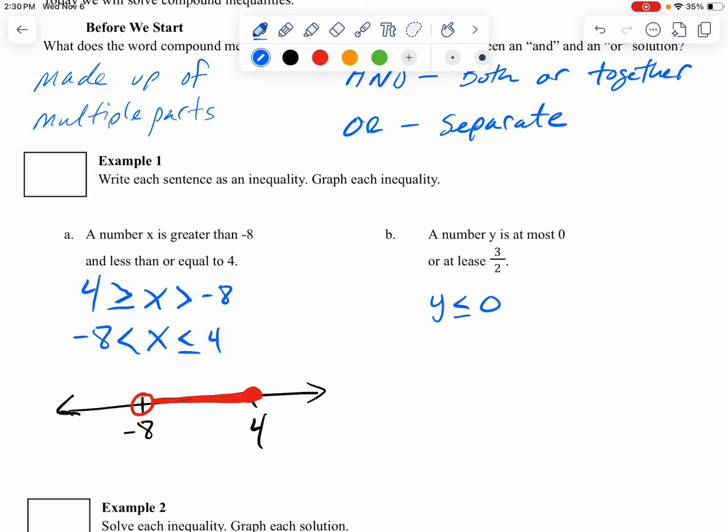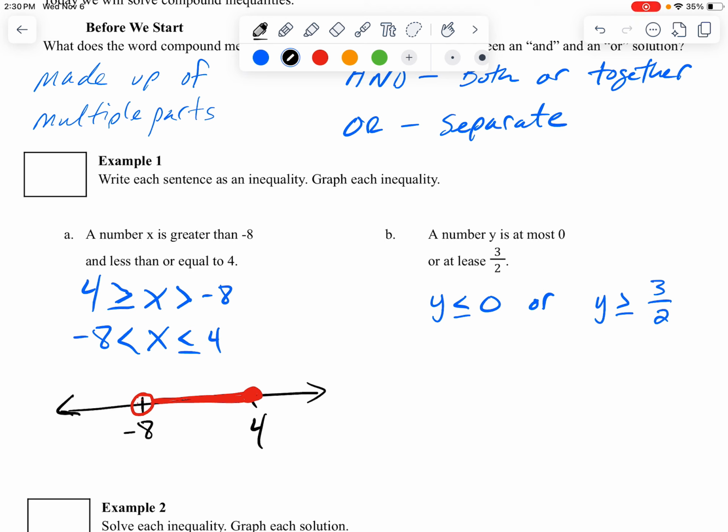Or y is at least 3 over 2, which is the same as 1.5. So if y is at least this big, that means this is as small as it would be, and it could also be anything larger. So or y is greater than or equal to 3/2.